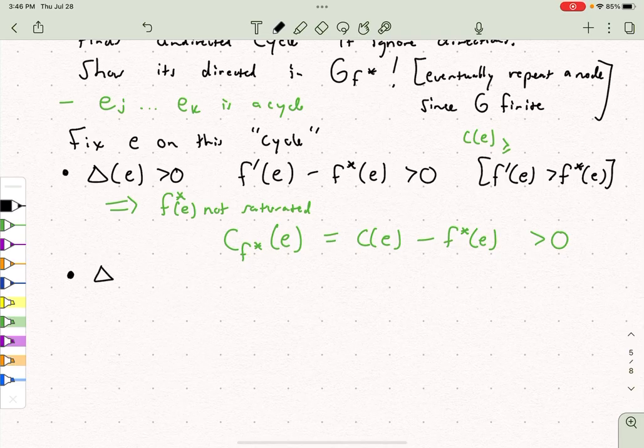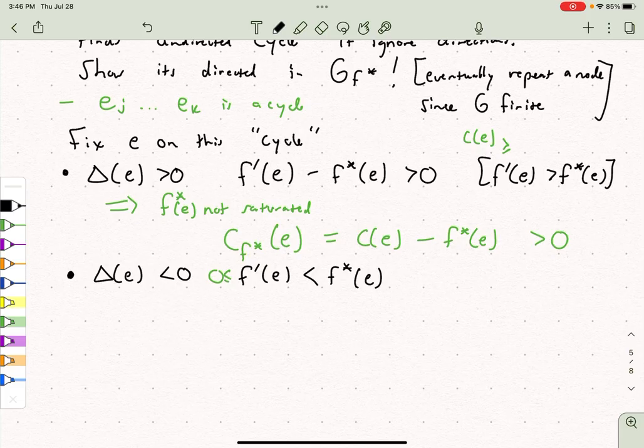So now the other case is when delta of E is negative. Well, this is the opposite case. So here we have a less than. So f star is the larger one. Well, remember, when that's the case, we can decrease the flow on f star. So here this is feasible, so it's at least 0. So now we know the residual capacity, so let me draw it in green again.